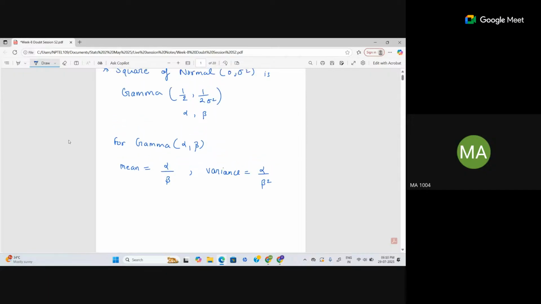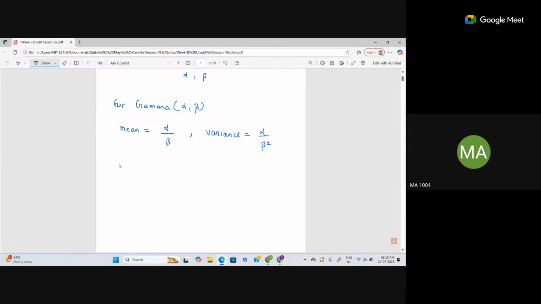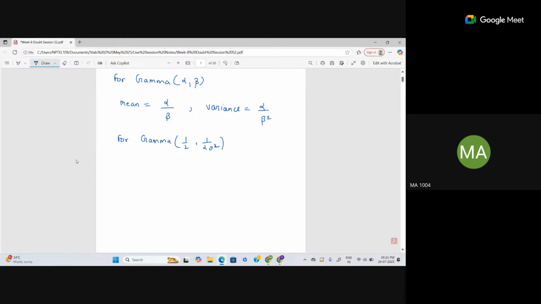Now here we have a particular case of the gamma distribution. So here the value of alpha is 1 by 2, for gamma 1 by 2 comma 1 by 2 sigma square. Alpha is 1 by 2 and the value of beta will be 1 by 2 sigma square.